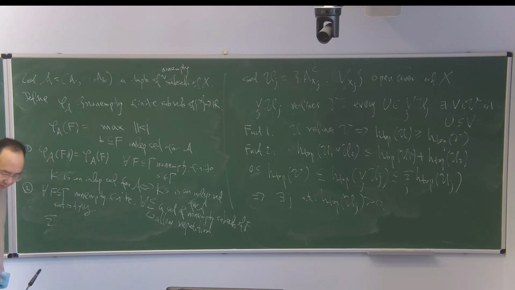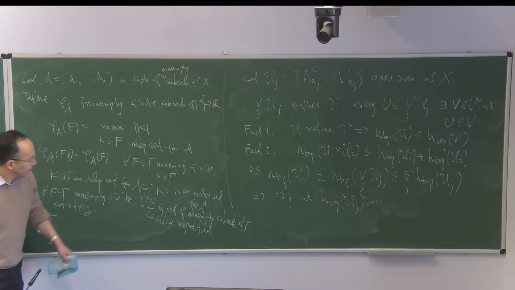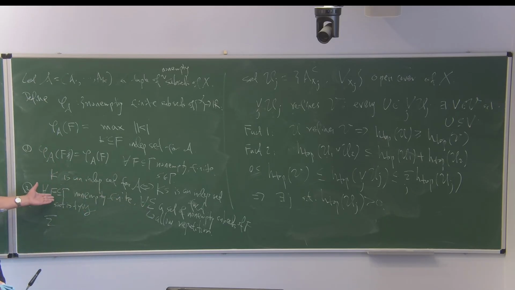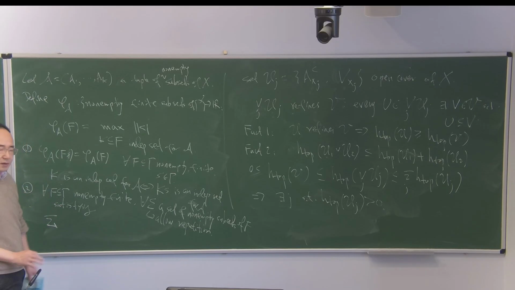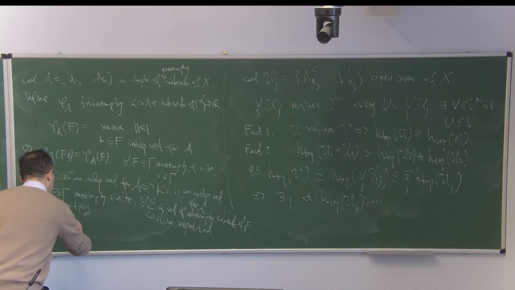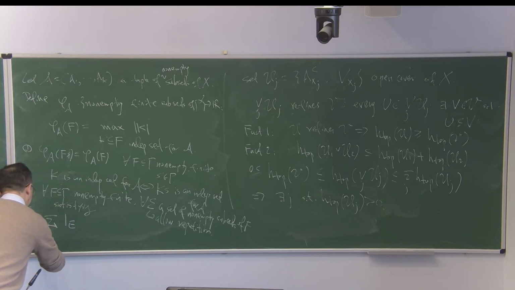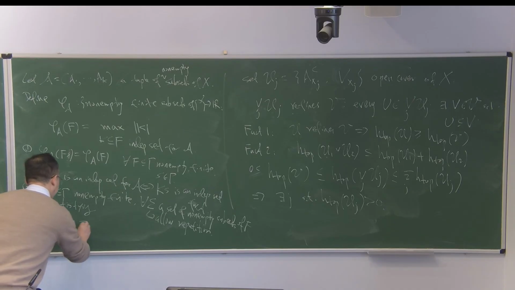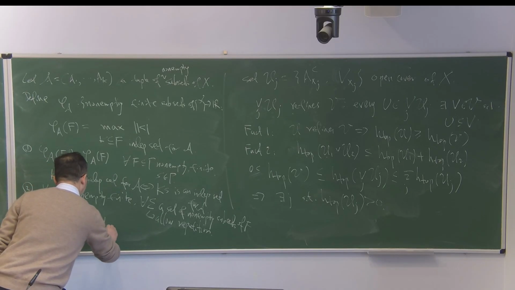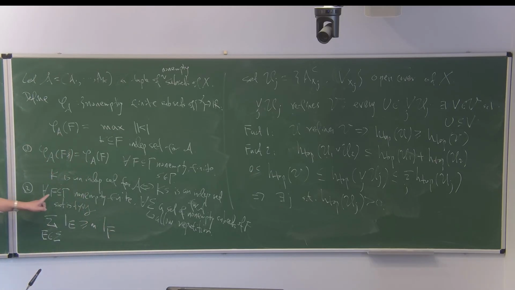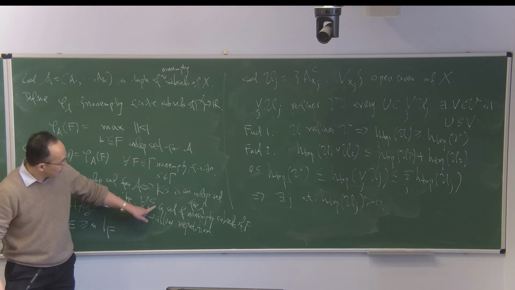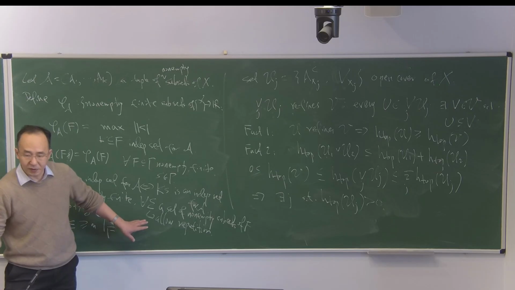You take the sets here, they are all subsets of F. Just count how many times they cover F. The condition is that they cover every point of F at least m many times. So E here will be at least m times the cardinality function of F.